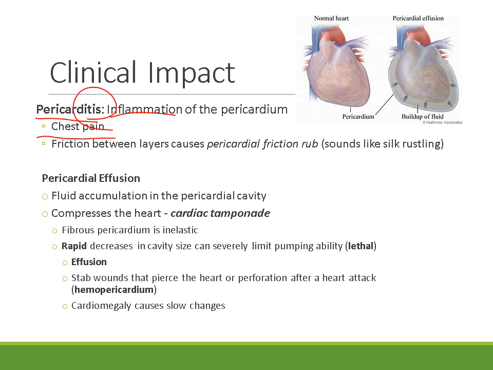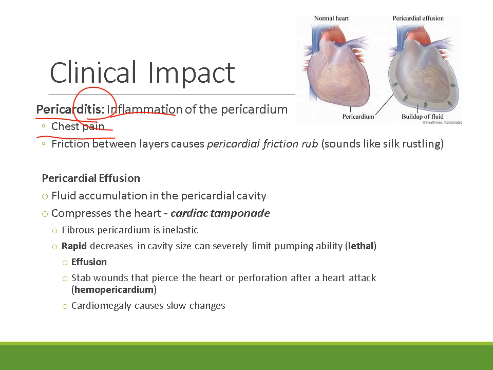The chest pain from pericarditis is usually worse when patients take a deep breath because that increases pressure on there. And it's also typically worse when laying down. Remember, the pericardium is attached to the sternum, right? There are ligaments that attach to the sternum.